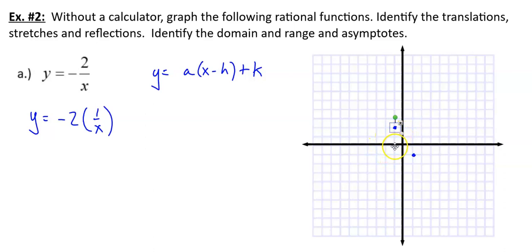Because when x is -1, y is +2. When x is 1, y is -2. And then what's kind of fun too is we can see when I plug in a -2, that's going to give me a 1. Plug in a +2, that's a -2.